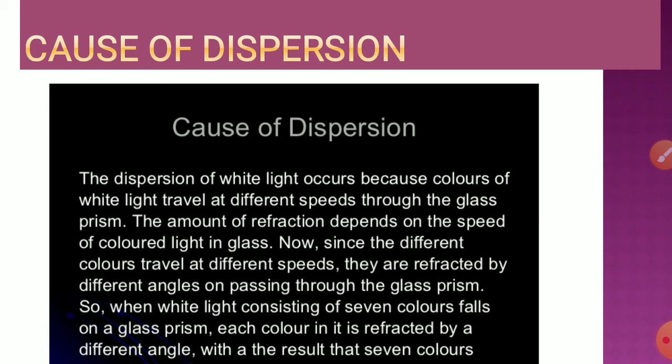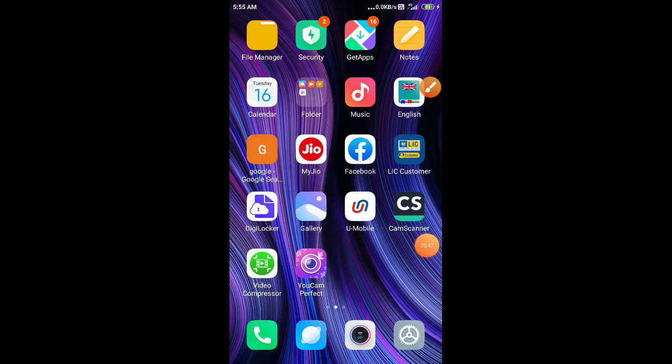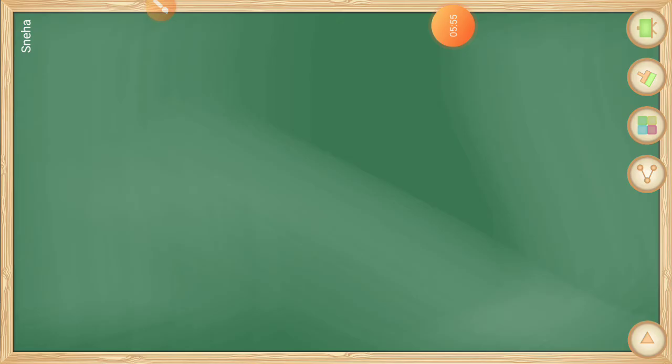But as soon as it enters a dispersive medium, the different colors travel with different speeds of light.